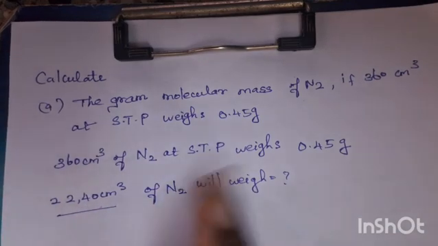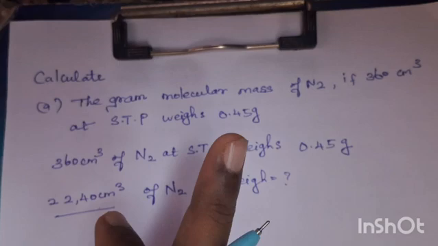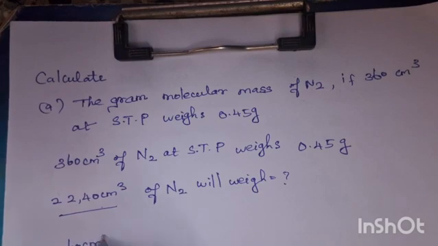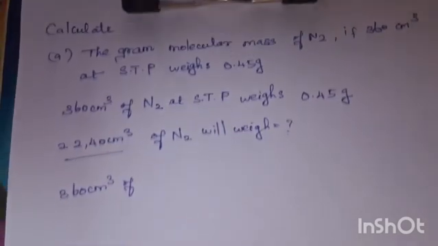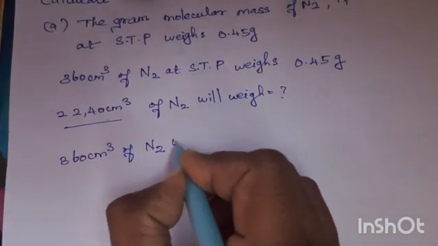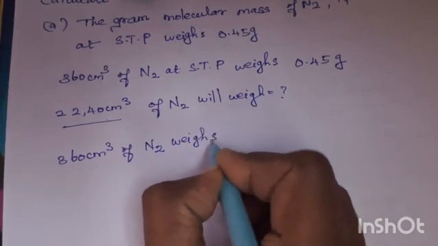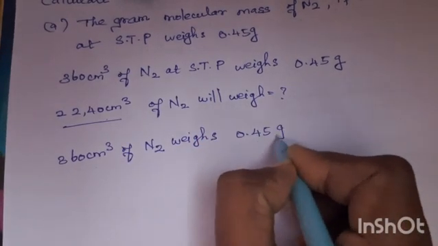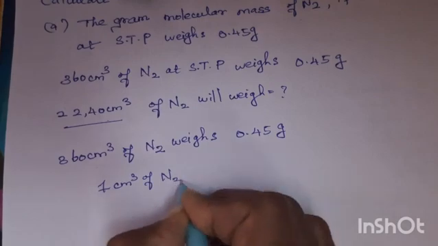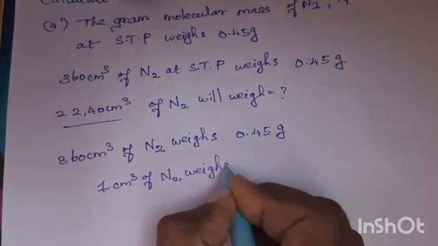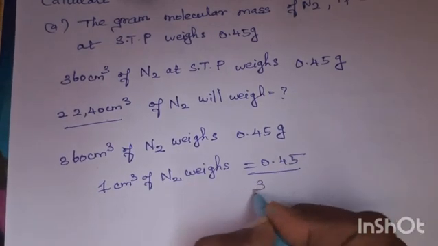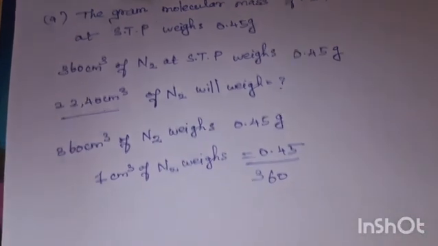This is the molar volume, and the weight respective to this volume is the molecular mass. So 360 centimeter cube of nitrogen weighs 0.45 gram. Then what about 1 centimeter cube? It is 0.45 divided by 360. Why should we do this?